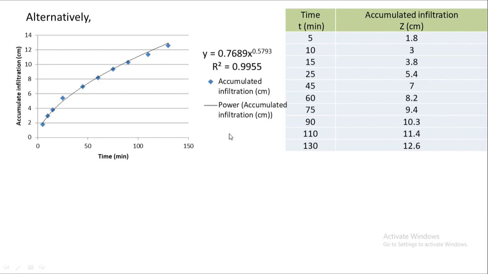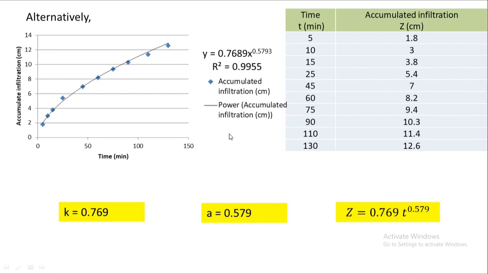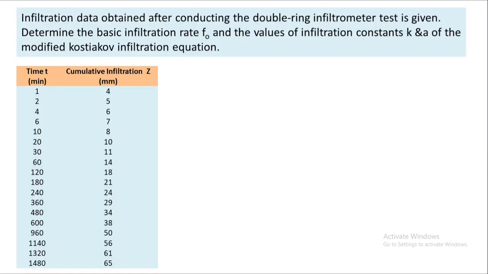So directly you can obtain k and a. K is 0.769, A is 0.579, and our Kostiakov's infiltration equation with the values of K and A is Z equal to 0.769 T raised to 0.579, where Z is in millimeters and T is in minutes.